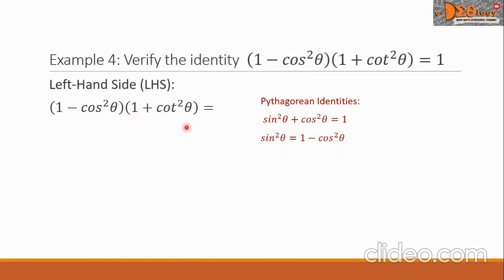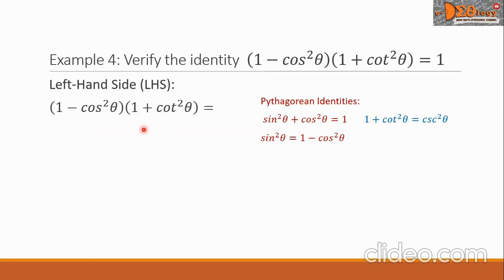While this second group, 1 plus cotangent square theta, there is another Pythagorean identity related to that, and it is 1 plus cotangent square theta equals cosecant square theta.